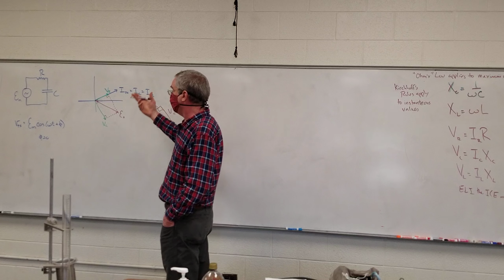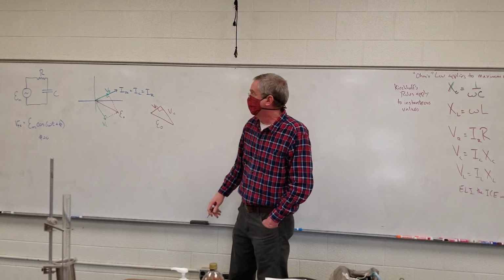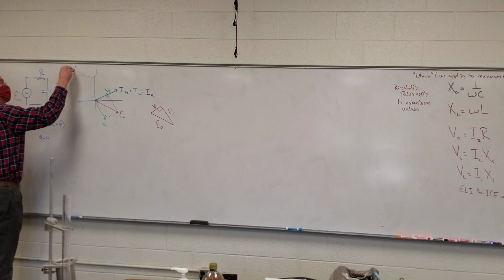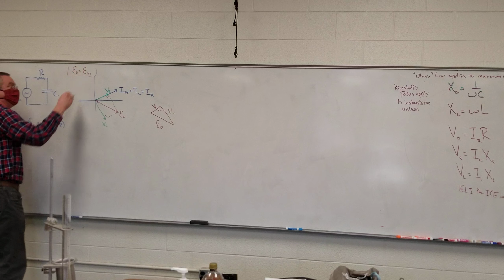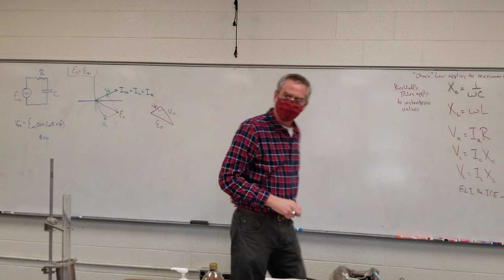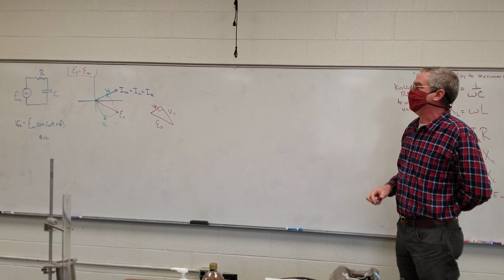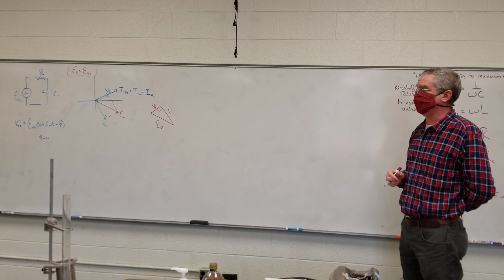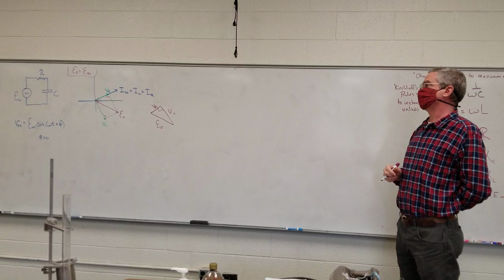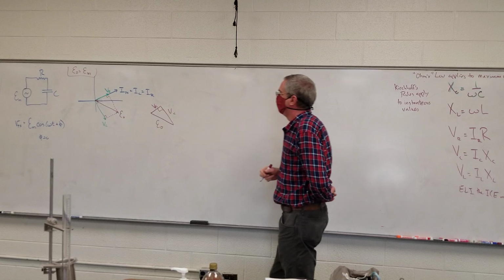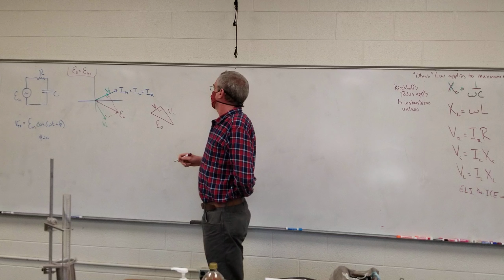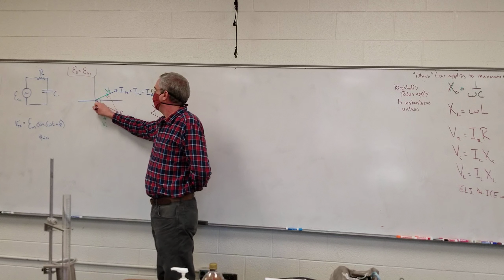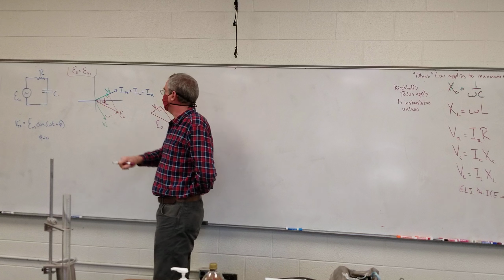I'm just going to write up here that epsilon sub naught equals epsilon sub m, because I'm going to flip back and forth. And again, that epsilon sub 0 is not the permittivity of free space. It is just the maximum value of the voltage coming from the power supply. And I'm trying to find this angle right here, which I'm going to label phi sub 2.